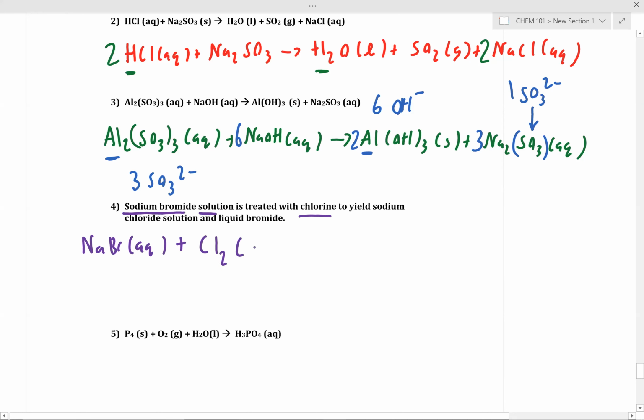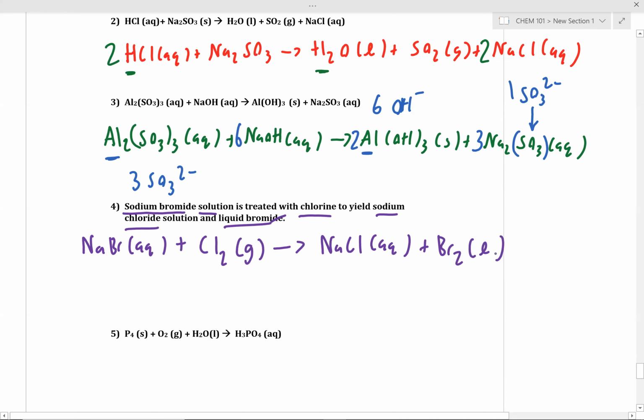What's the state? Gas, yep. It reacts to yield sodium chloride. What's the formula of sodium chloride? NaCl, aqueous, and liquid bromine. What's the formula of bromine? Just Br2, and it's a liquid.